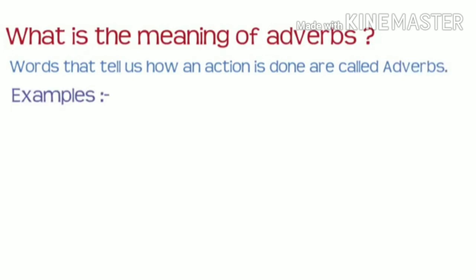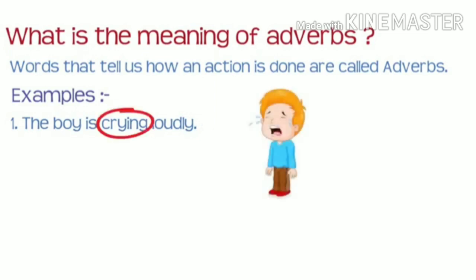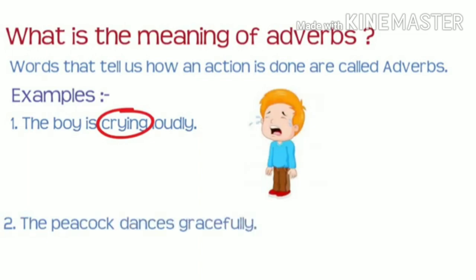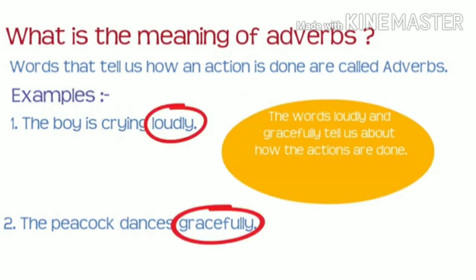The first example is: the boy is crying loudly. Here, the word loudly describes the action word crying. In the next example, the peacock dances gracefully. The word gracefully describes the action word dances here. The words loudly and gracefully tell us how the actions are done. These words are called adverbs.